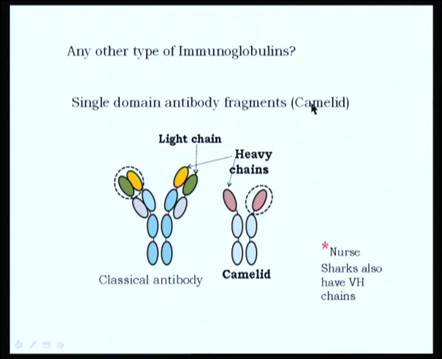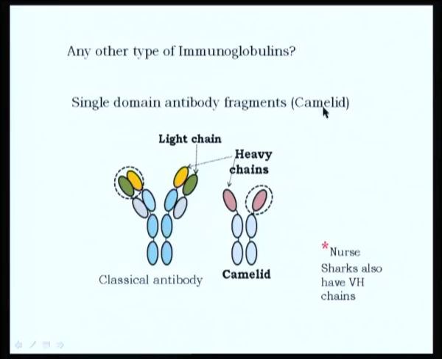sometime in the late 90s, there were reports on a type of antibody which is specifically found amongst mammals, found in the camel group of animals like dromedary and camel.